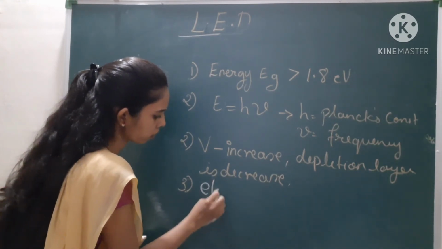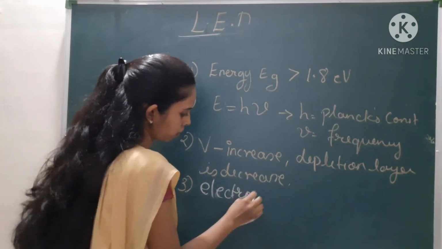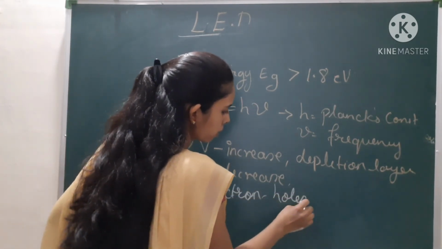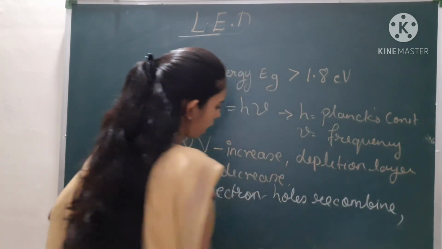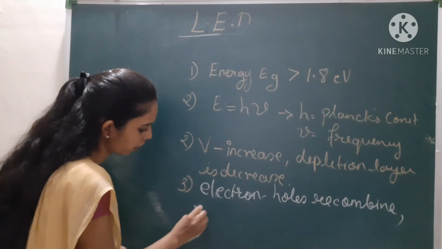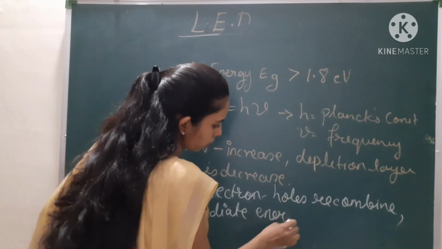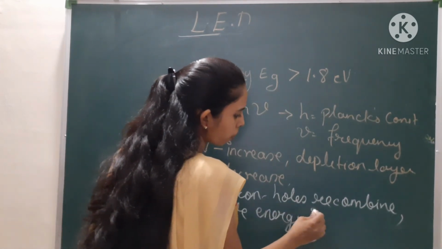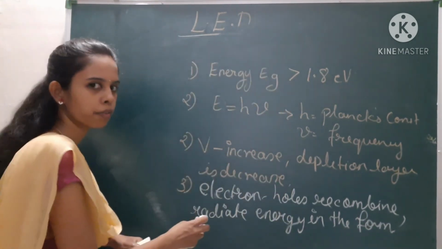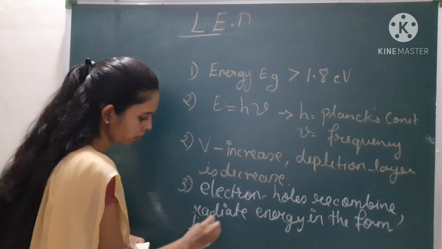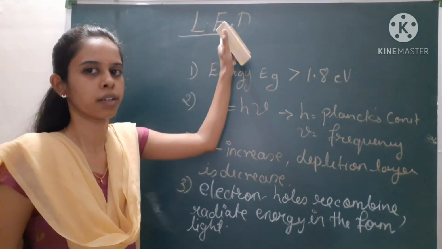So electrons and holes recombine and they radiate energy in the form of light. So this is the working of LED.